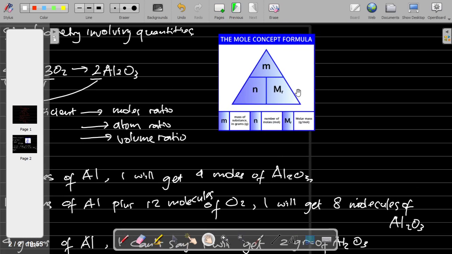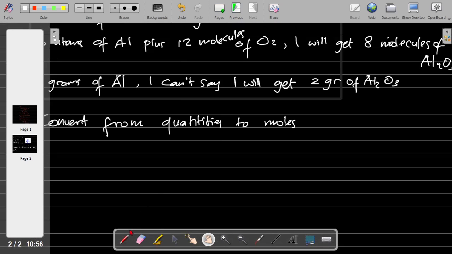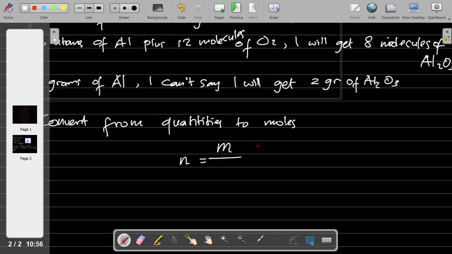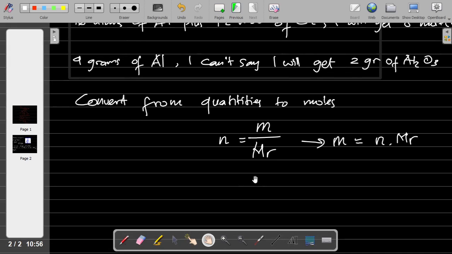This equation was already learned in the previous video, you can check it. So if you want to find moles of a certain substance or molecule, then we can use mass of the substance divided by molar mass. Or if you want to find the mass, then we can use moles times molar mass.